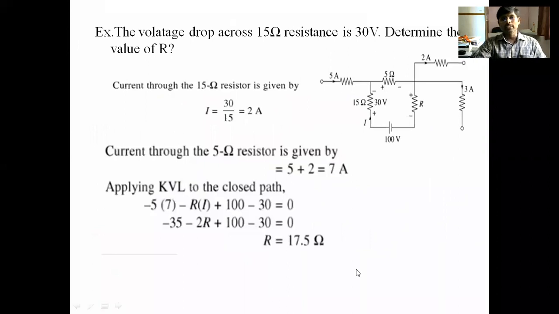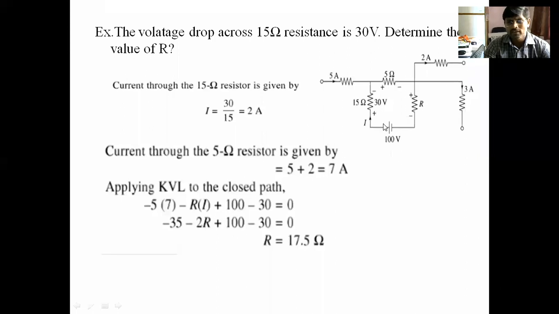Now, you see this example. The voltage drop across the 15 ohm resistance is 30 volts. Determine the value of R. So this is the problem given. Some network is given. In this network, there is only one circuit.